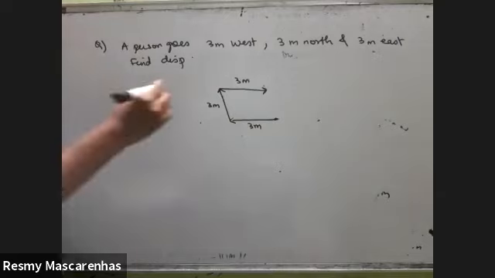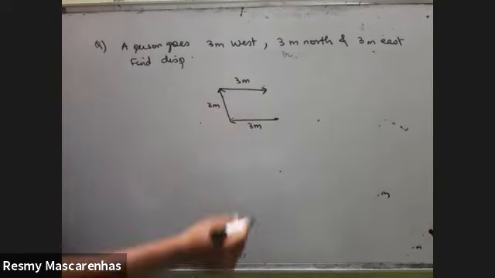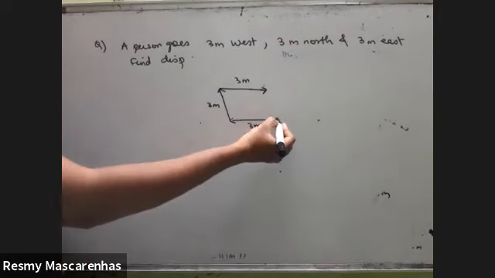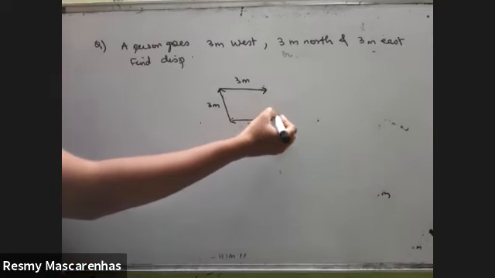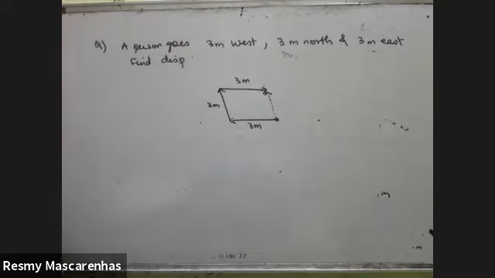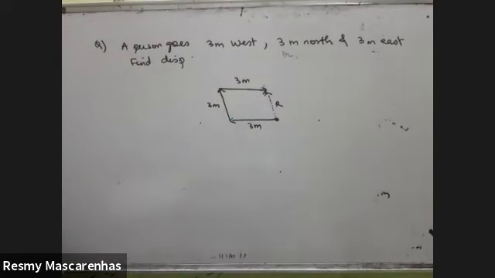And now you have to calculate the displacement. Now don't join like this. It's always between the first and the last one. So this is the first vector tail and this is the last vector head that you have to join. This is your R or the displacement.